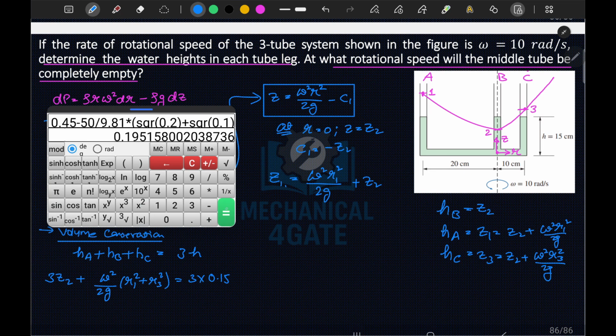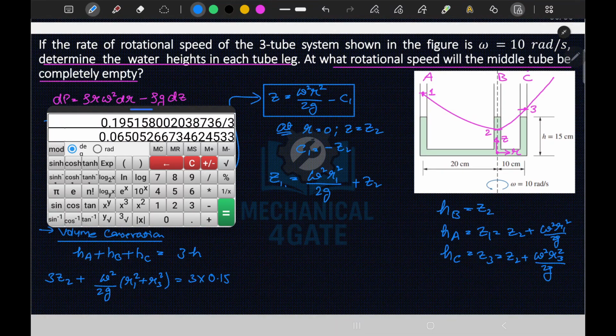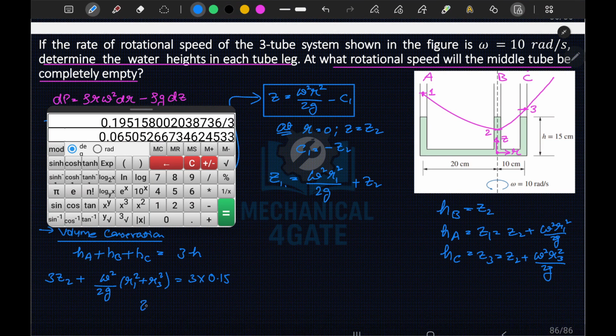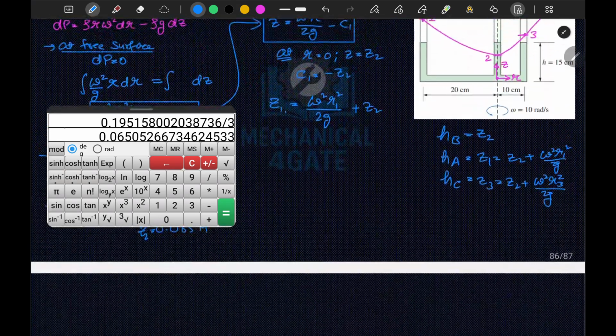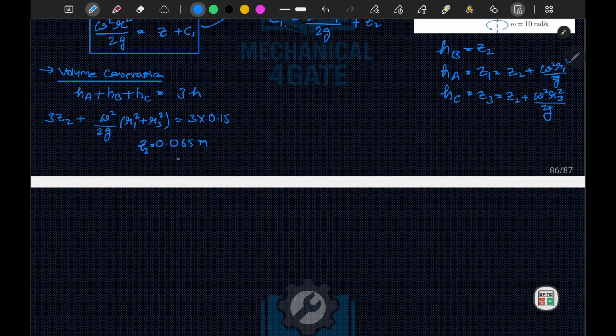If we divide it by 3, we get our Z2 is equal to 0.065 meter, that is Z2 is equal to 6.5 centimeter.